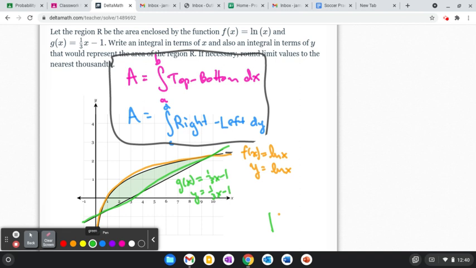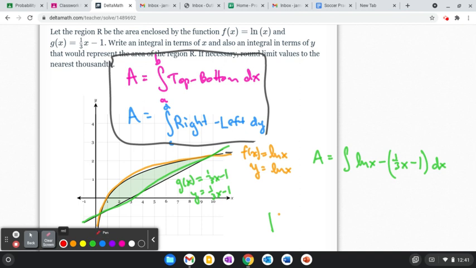If we want to do the top function minus the bottom function, well, that would mean the area is going to be the integral of ln of x minus (1/3 x minus 1), with parentheses around that, dx. Okay, now the other thing that we need is the x values.